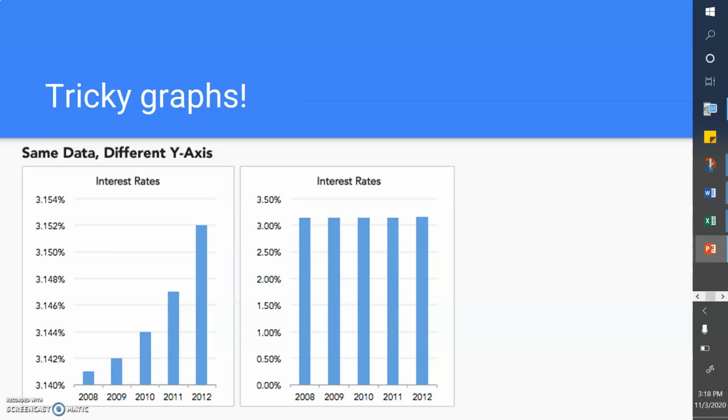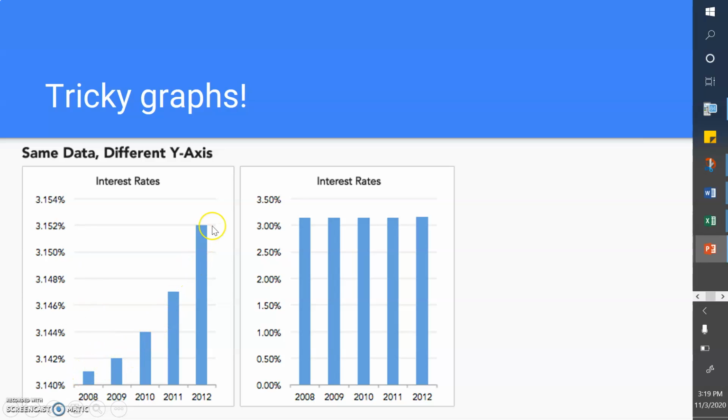Here's an example. These two graphs have the exact same data on them. The only thing that's different is how the y-axis is spread out. This one over here only goes from 3.14% to 3.15%.